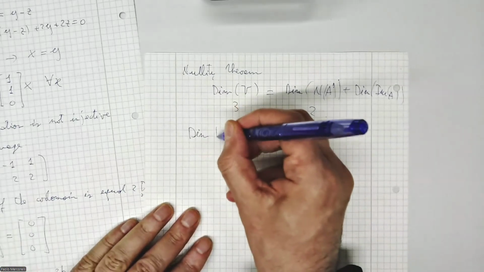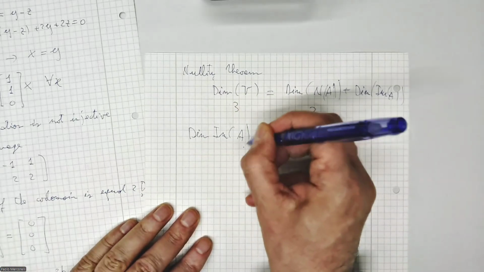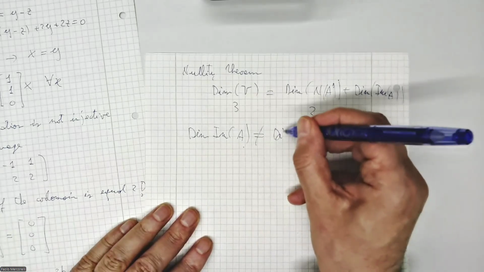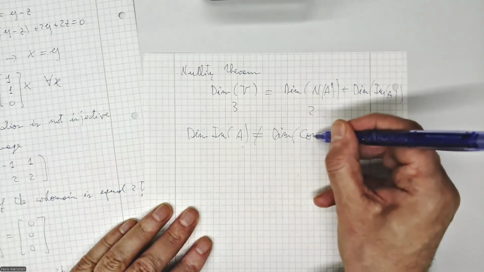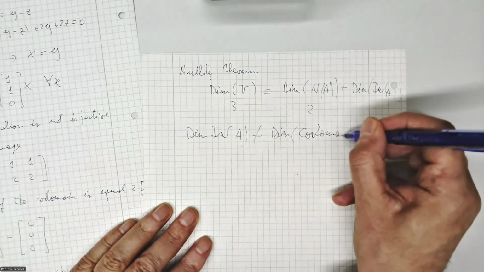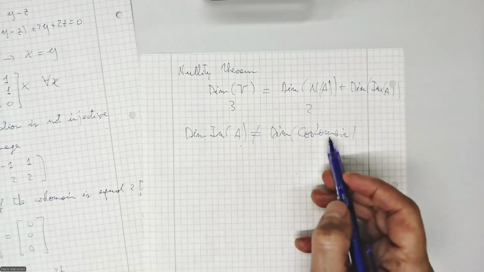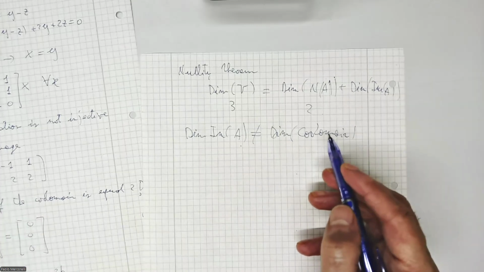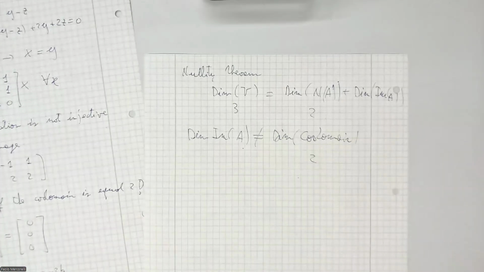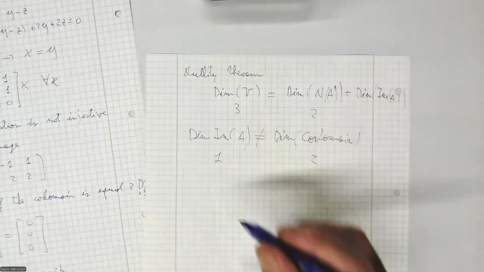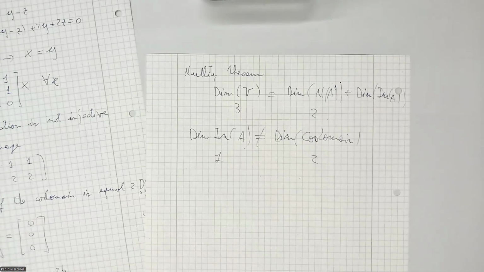But the dimension of the image of A is not equal to the dimension of the codomain, because the dimension of the codomain is the number of rows. This means 2. And this is 1. This means the transformation is not surjective.